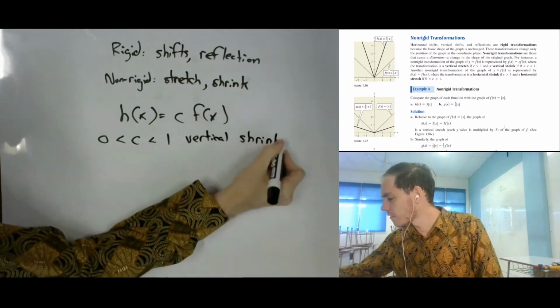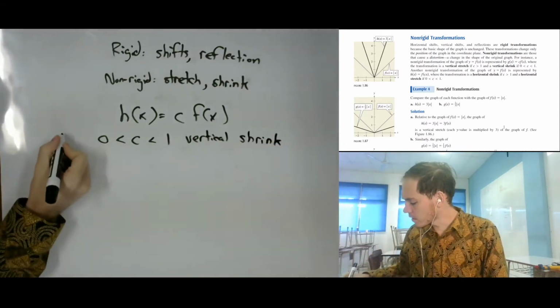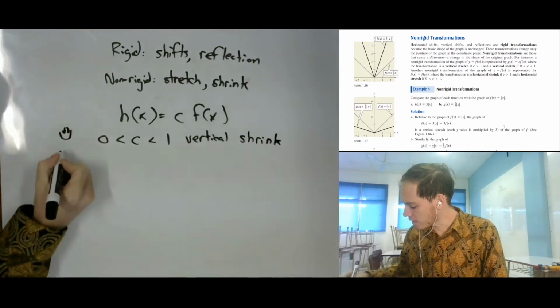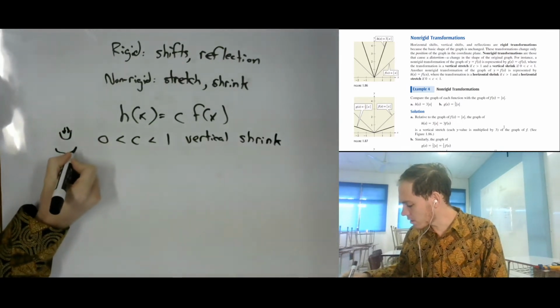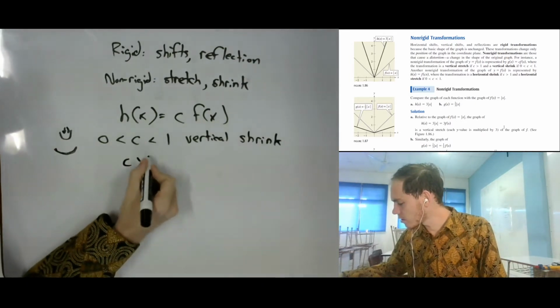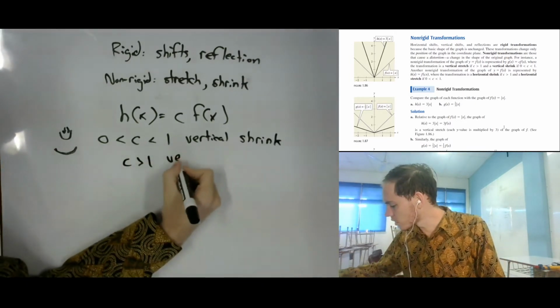Now, the way I think of a vertical shrink, I think of if you had a bowl and someone started smashing it down so that it becomes wider, okay? That's a vertical shrink.